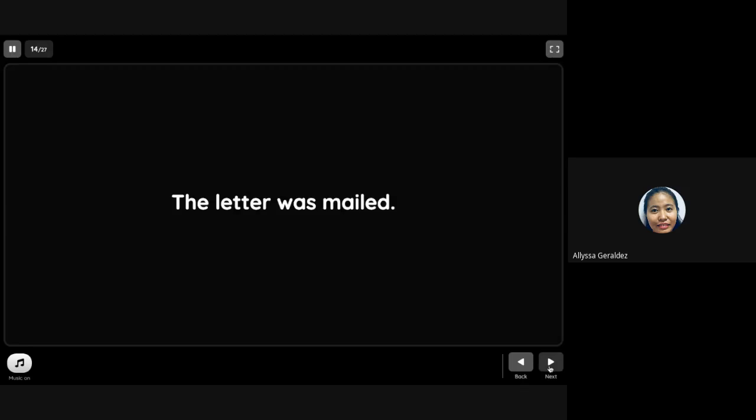But if you want to change this one into active voice, you can add a subject. If you want, you will use personal pronouns or you want to be specific with the name, that's why we can have it: Marilyn mailed the letter, or she or he mailed the letter.